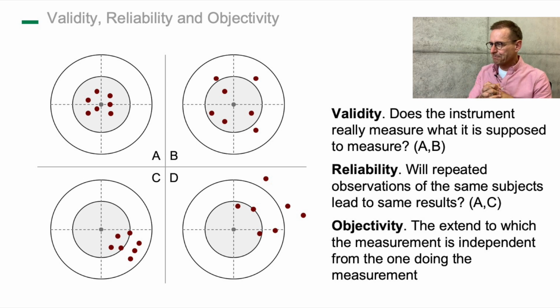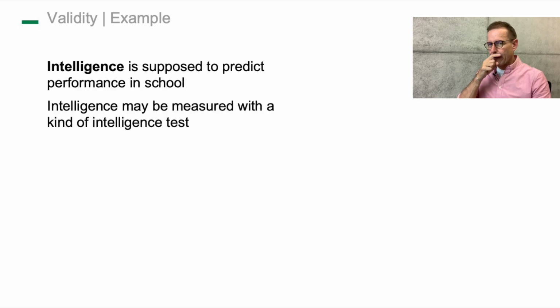So validity. We want to know whether a test really measures what it is supposed to measure. And I would share with you a typical example. I just take one out of many possible examples. And I would like to stick to this idea of intelligence, okay? Intelligence test.